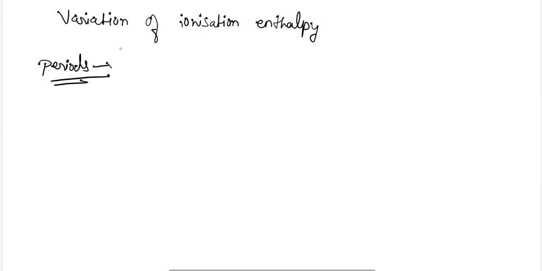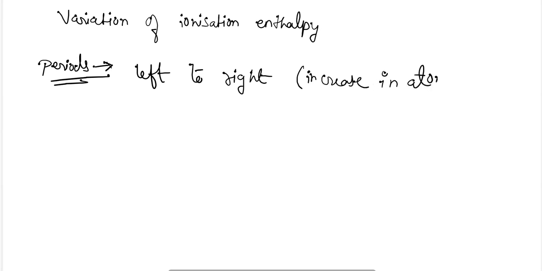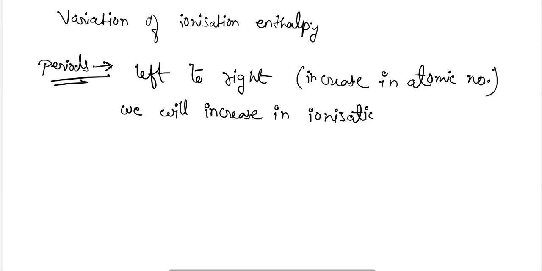In a period, with the increase in atomic number, moving left to right, the ionization enthalpy is increasing.